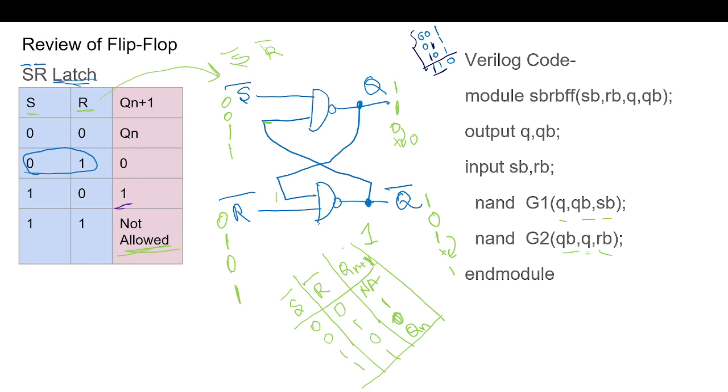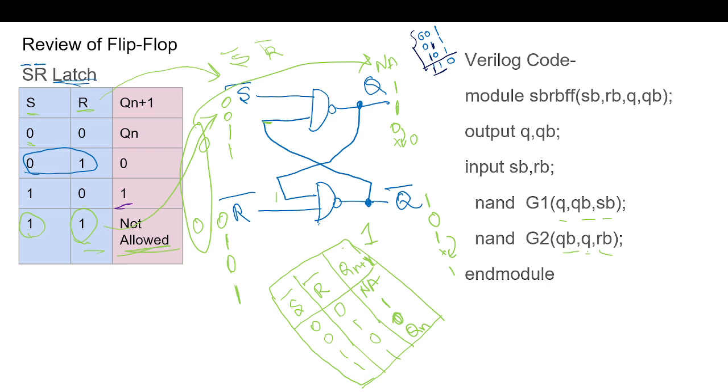Yes, both are different. This will be the truth table for S bar R bar, and this will be the truth table for the SR latch. If you want to check the output when S is 1, R is 1, while taking it I was considering it as 0 0, and when it is 0 0 I am getting the not allowed state.